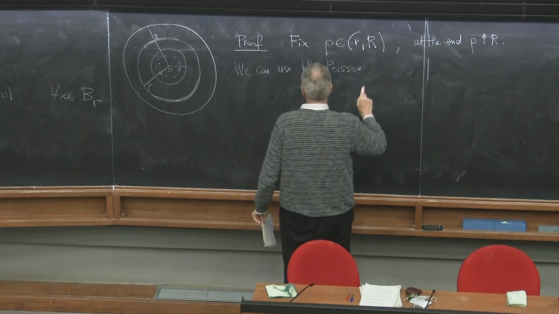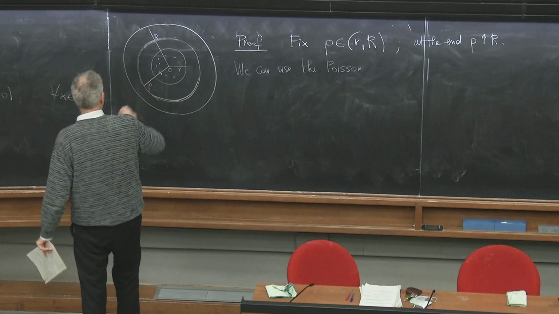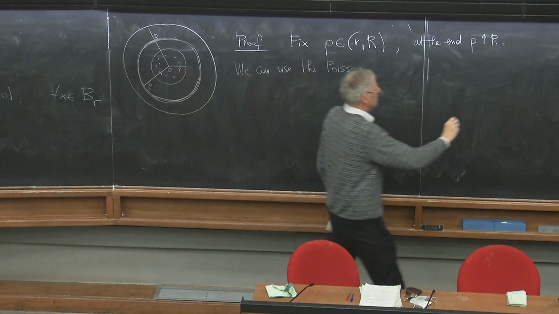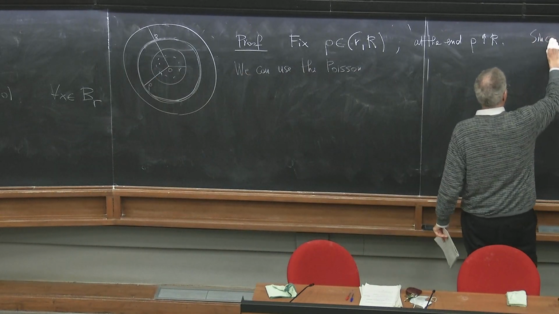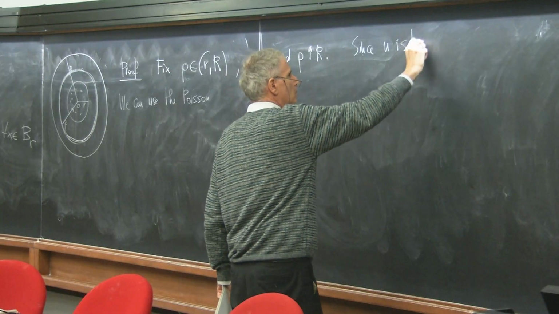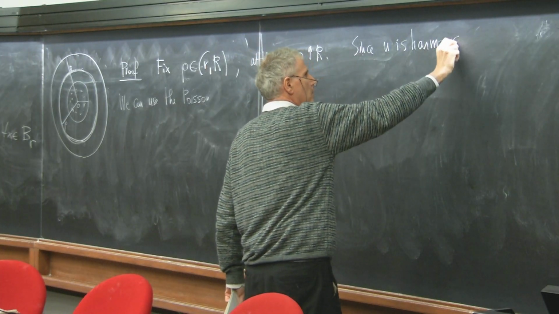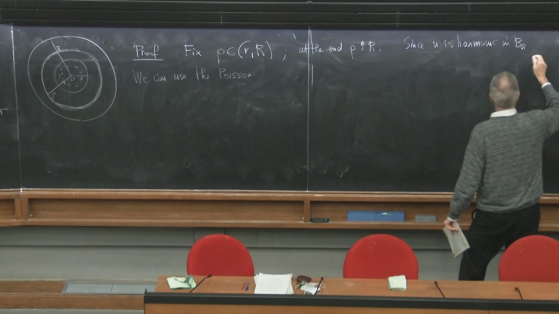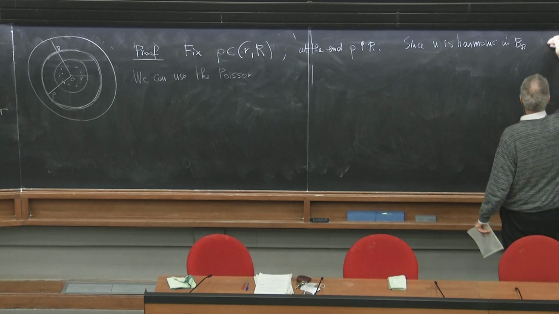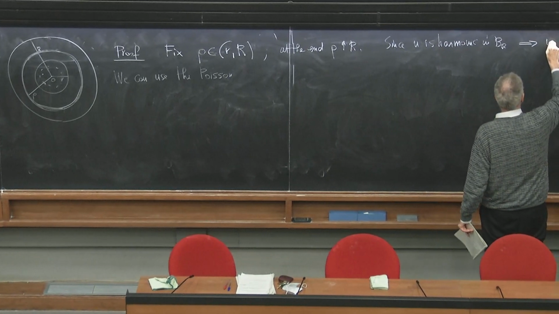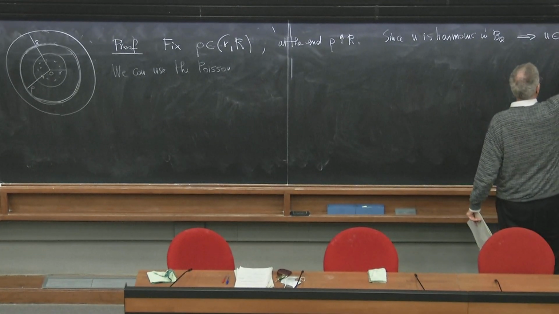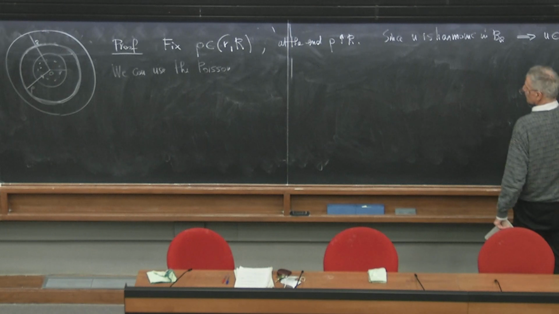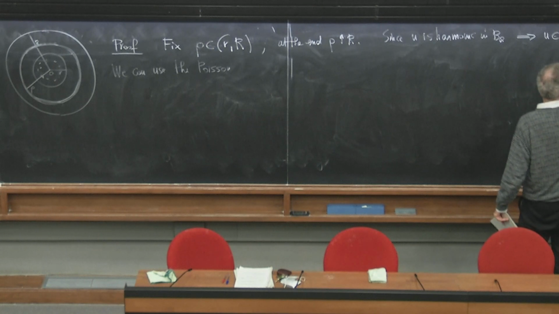First of all, U is harmonic, and since rho is strictly smaller than R, and U is harmonic and therefore C infinity, as we know, U is certainly C2 up to the closure of B rho, the intermediate ball.